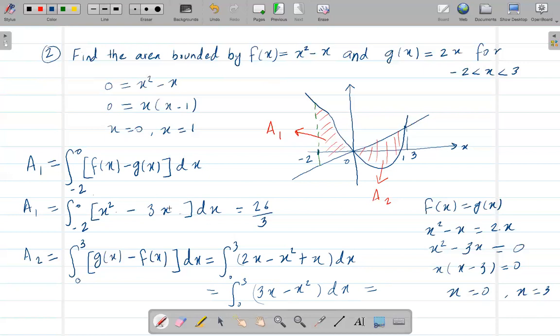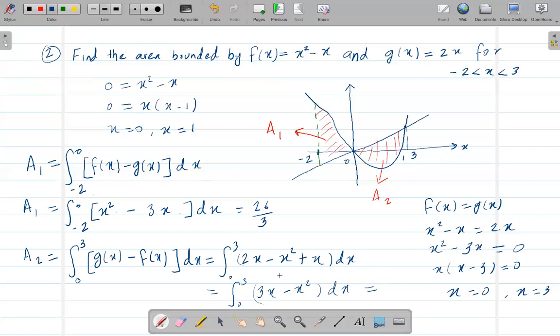That's why I said we have to get the integration of these two separately. The reason I'm doing that is here f of x is on the top and g of x is on the bottom in this interval, and on the other interval g of x is on the top and f of x is on the bottom. That's why we are doing it separately.